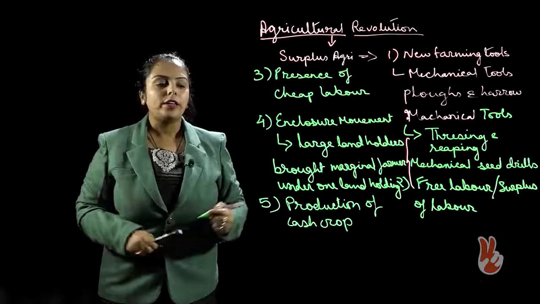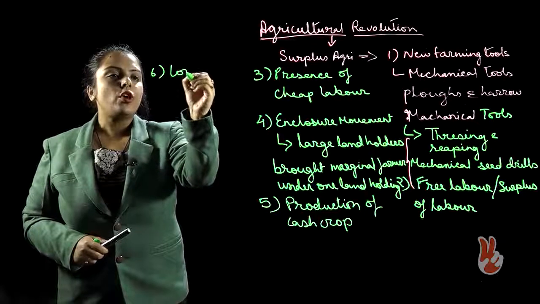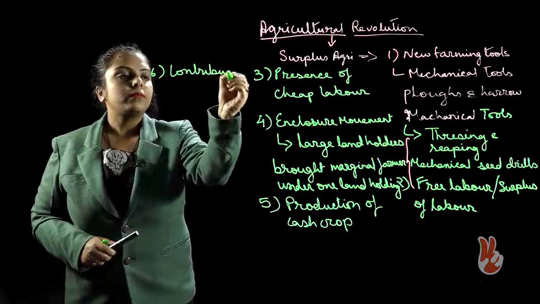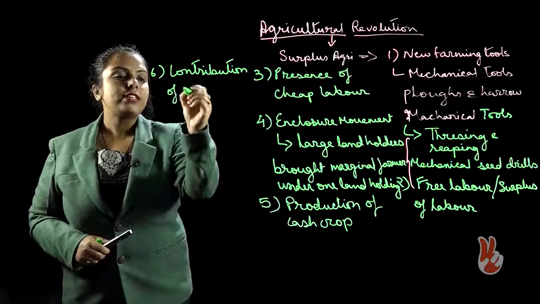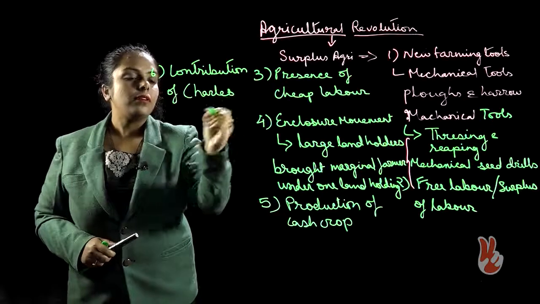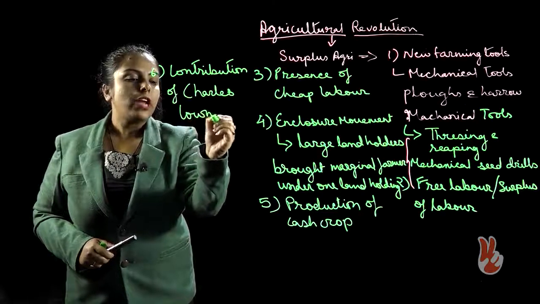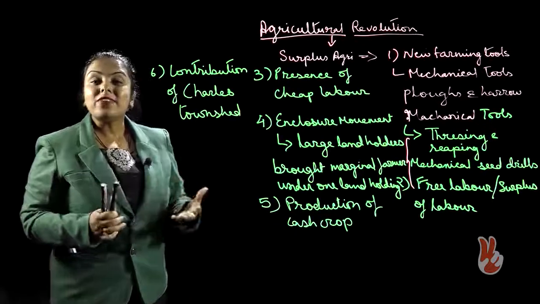The sixth point that I must talk about is the contribution of researchers such as Charles Townshend. What did he do? He introduced intensive agriculture.